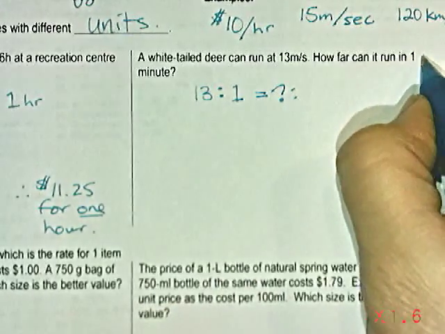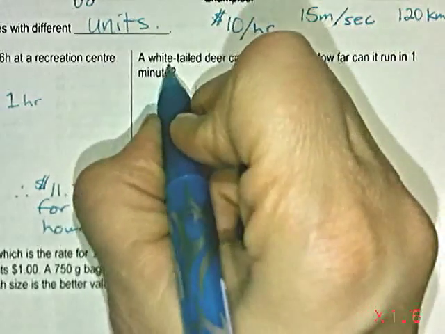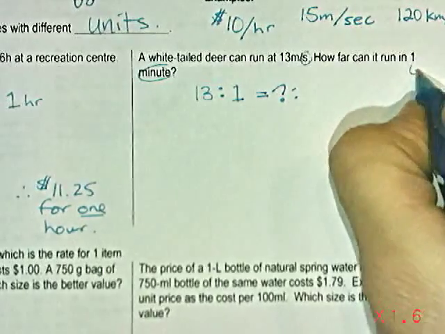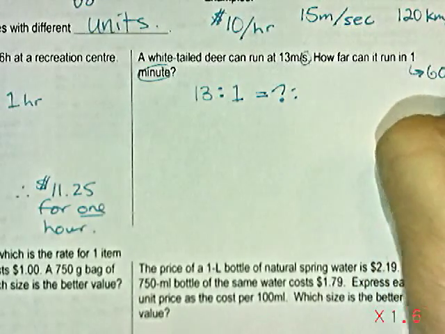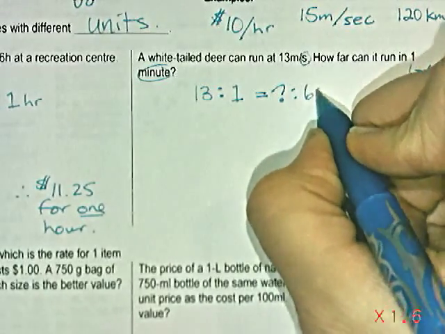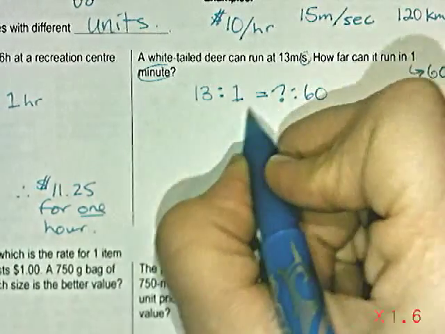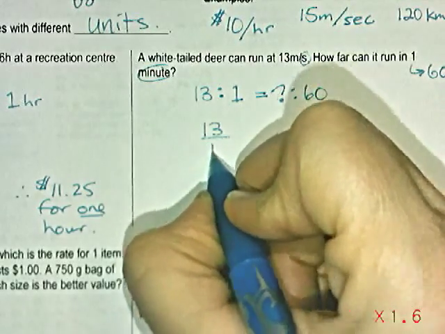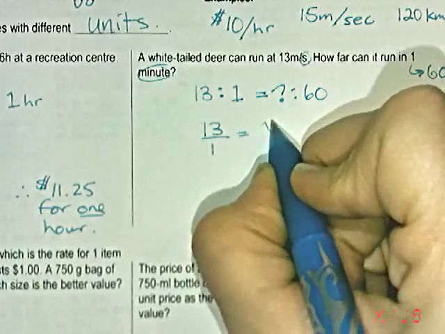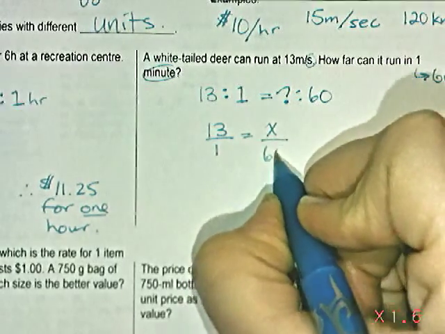Now this is a case where we have seconds and minutes, and we need to even up that unit. 1 minute would be 60 seconds, and so we'd either go to minutes here or seconds here, so let's go to 60 seconds. And so if we replace that, 13 over 1 is equal to a variable, perhaps x, over 60.